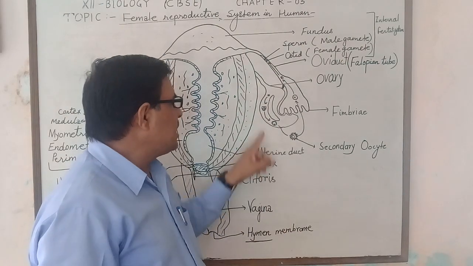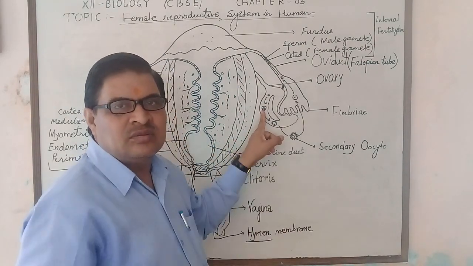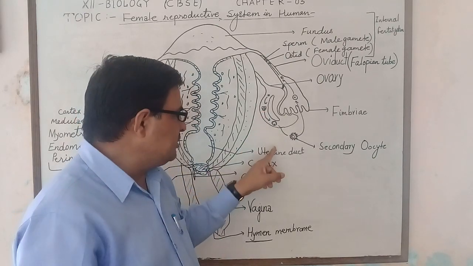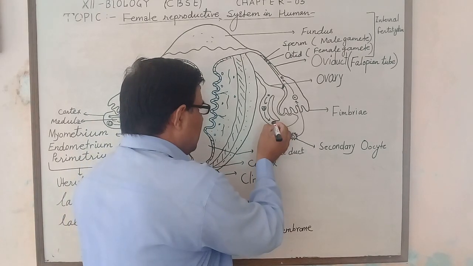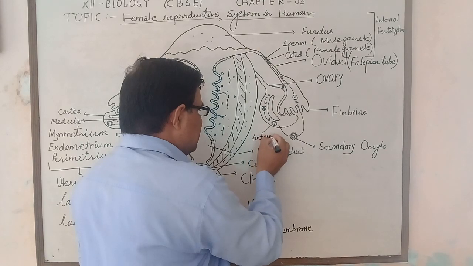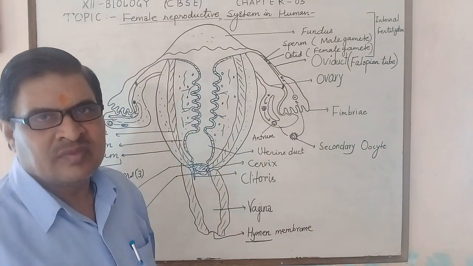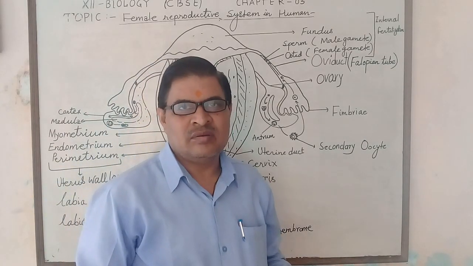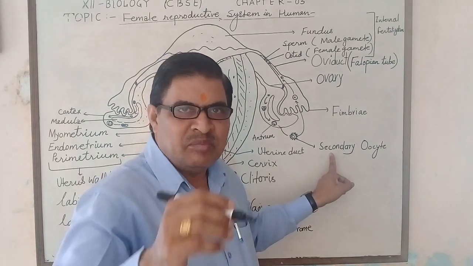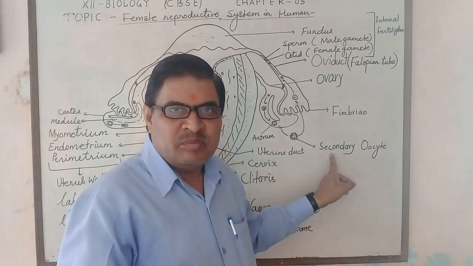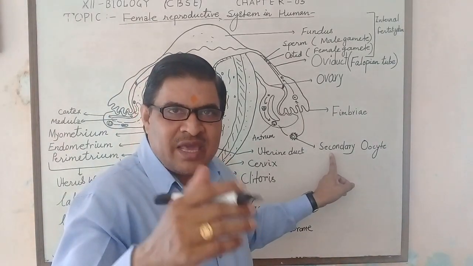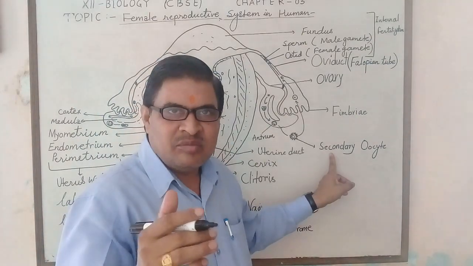Then when it is surrounded by two layers, it is the secondary Graafian follicle. When a small fluid-containing cavity called the antrum is present between the secondary oocyte and the membrana granulosa, the membrana granulosa has an outer membrana externa and an inner membrana interna.